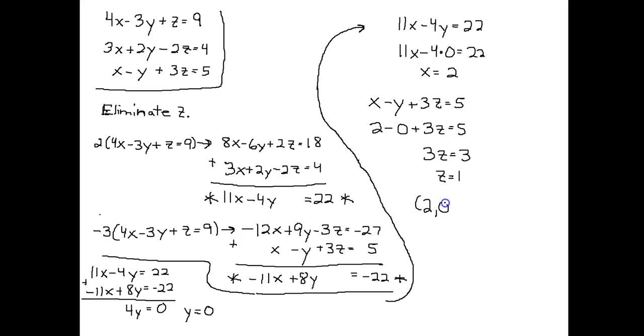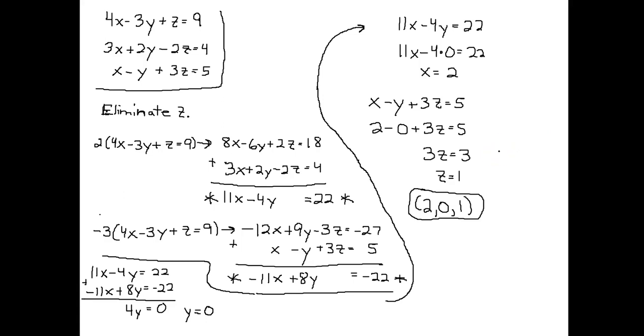2, 0, 1. So these three equations I started with are planes that intersect in exactly one point, which was the first picture on that page I showed you a little while ago, on page 424 in the textbook. The single solution picture shows the three planes intersecting at exactly one point.